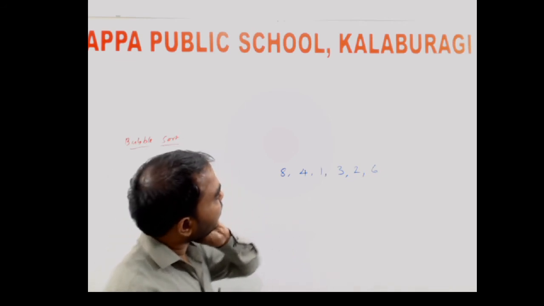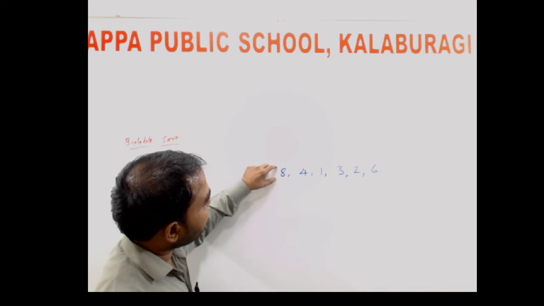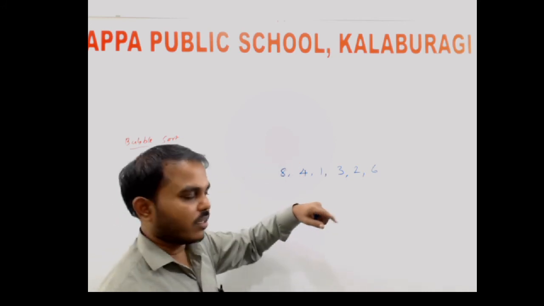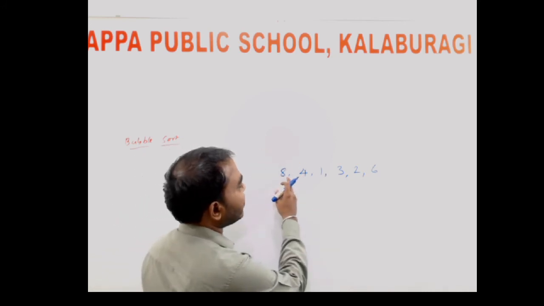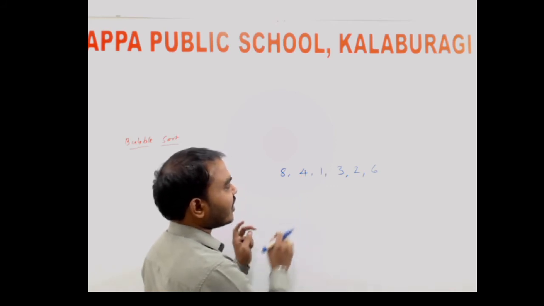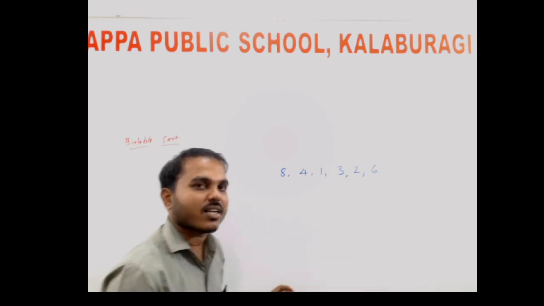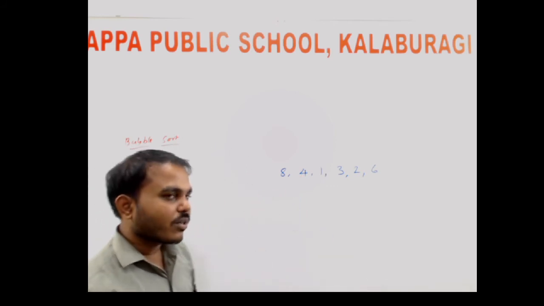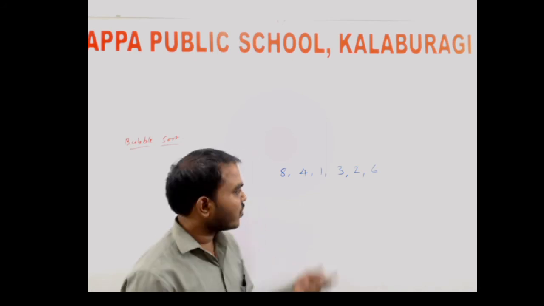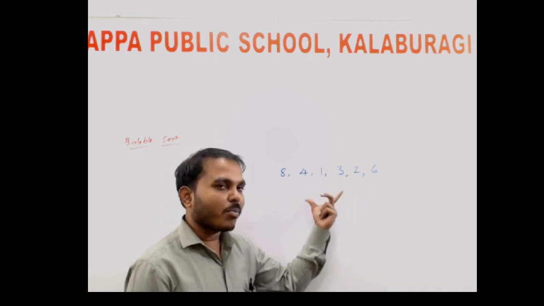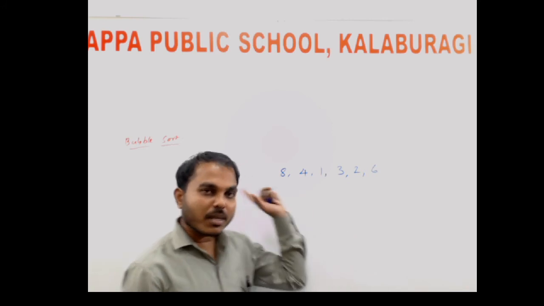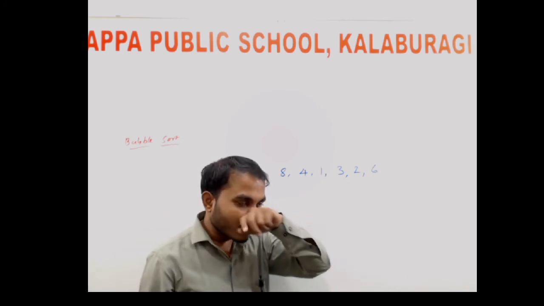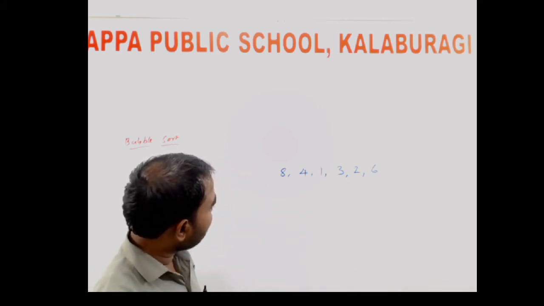What do you mean by bubble sort? From the left hand side to the right hand side, it is going to be compared. For example, if 8 is greater than 4, then it is going to shift towards the right side. In examination they may give a set of numbers and ask how many times it has been swapped by using bubble sort. So we'll see how it works.